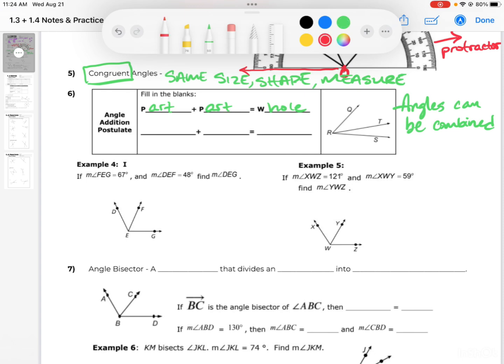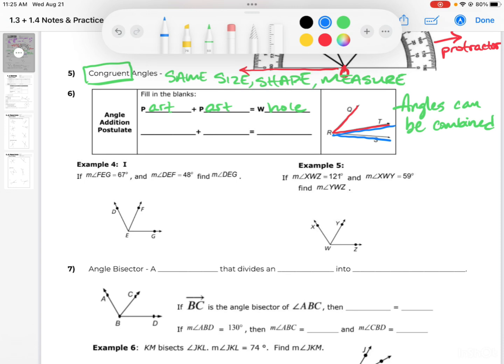Another way is if we have an actual image. You see we have two angles here. I'm going to put one in red and the other in blue. You can see that those two angles are side by side.